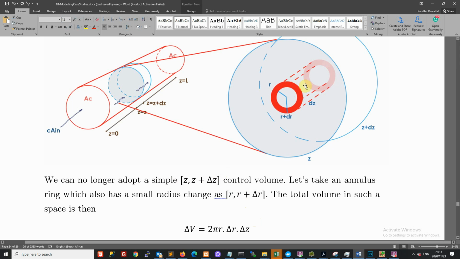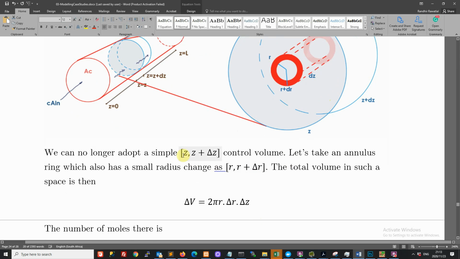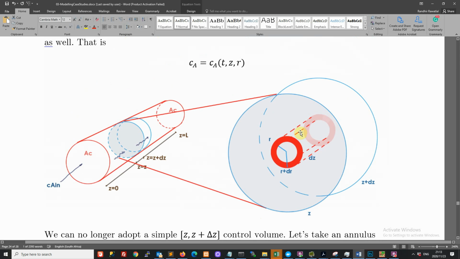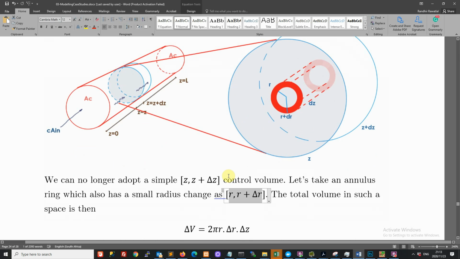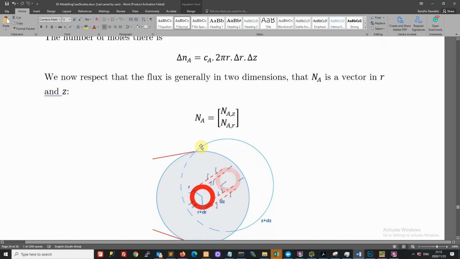And hopefully you'll find that it comes to the same kind of volume that we are seeing here. So try to imagine creating a control volume which was varying in z and z plus delta z, and also in r plus delta r, and hopefully you'll see that this is the only possible shape for that. So pause the video now and spend some time just trying to figure that out.